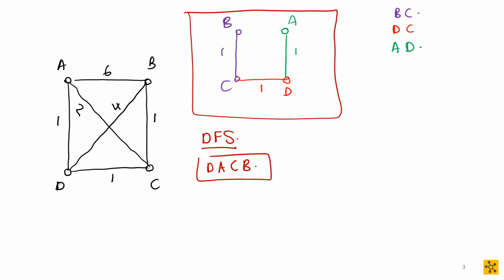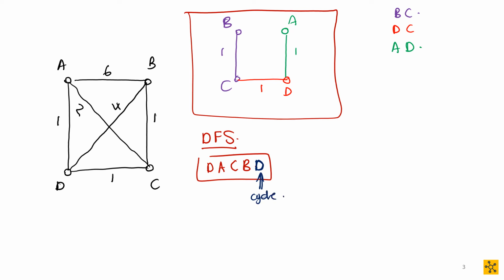And then we look at our cycle. So our cycle is, we add D again here. Okay, so that's how we get to our cycle.